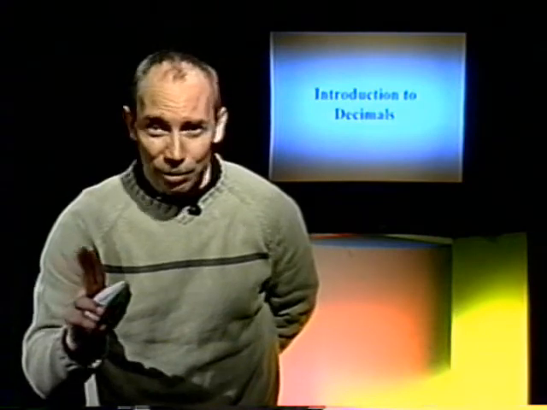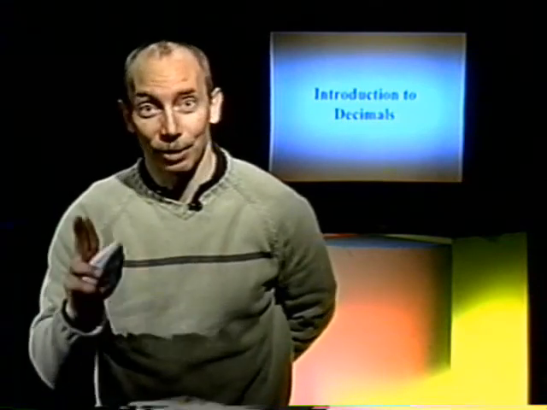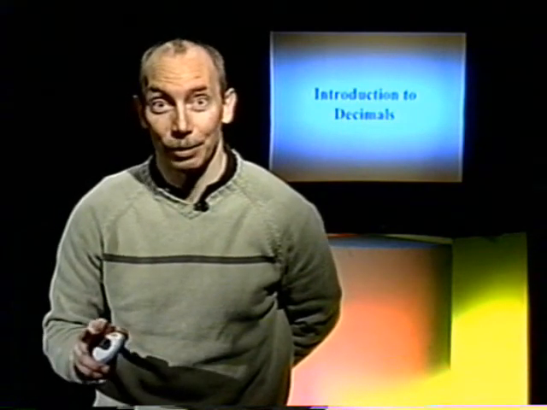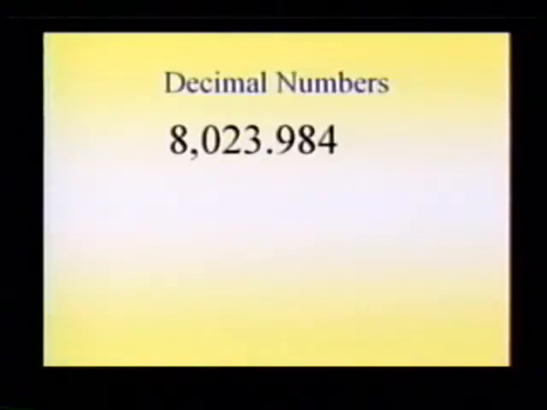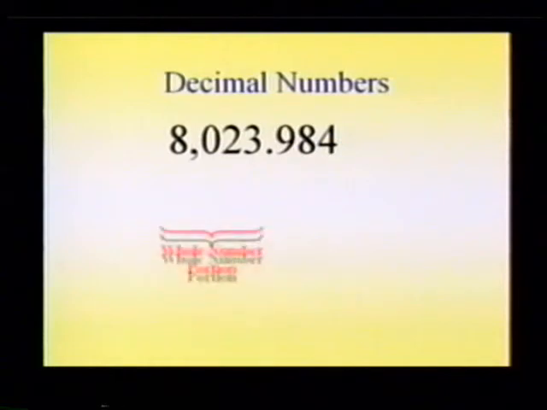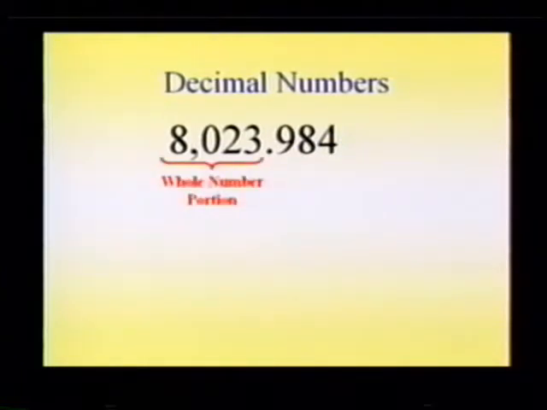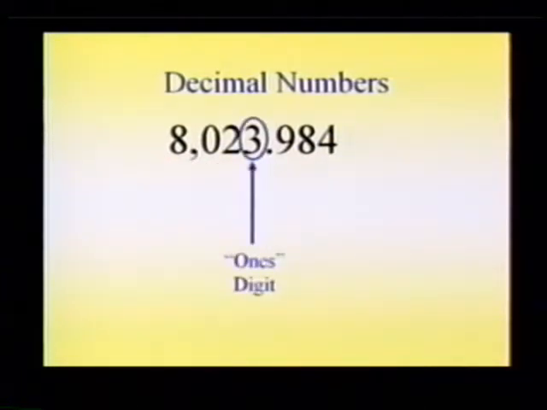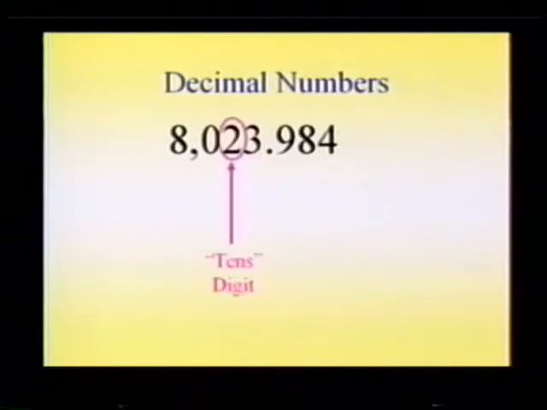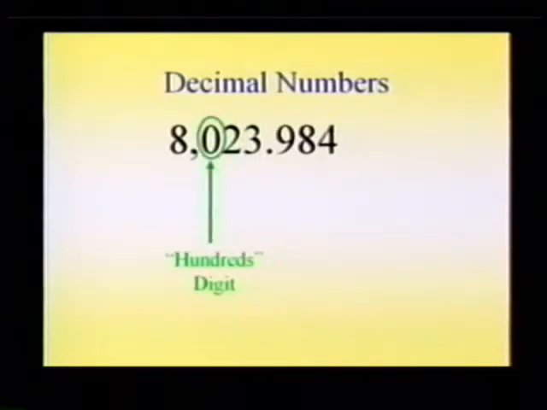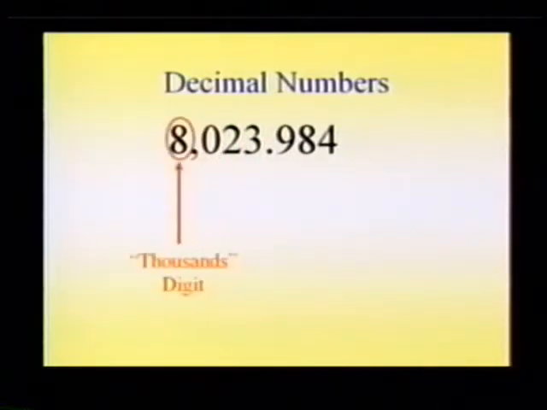Now, decimals are not out of nowhere, okay? They're very much like fractions, and they're also very much like something else you know, whole numbers and digits. Let's take a look at that. The decimal numbers basically are a whole number, the ones, the tens, the hundreds, and so on, the thousands.